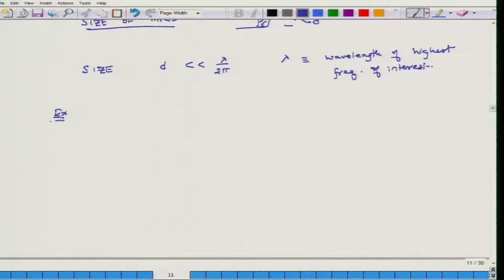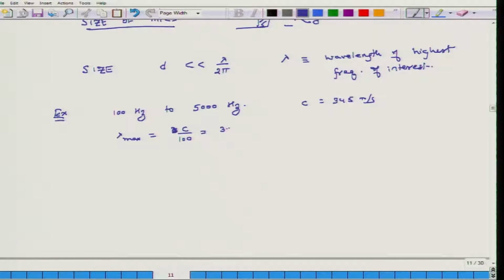suppose I am interested in measuring sound and I think that the frequencies of this sound may be from 100 hertz to 5000 hertz. Then for this range of frequencies, lambda max will be what? C over 100. So, C is 345 meters per second.